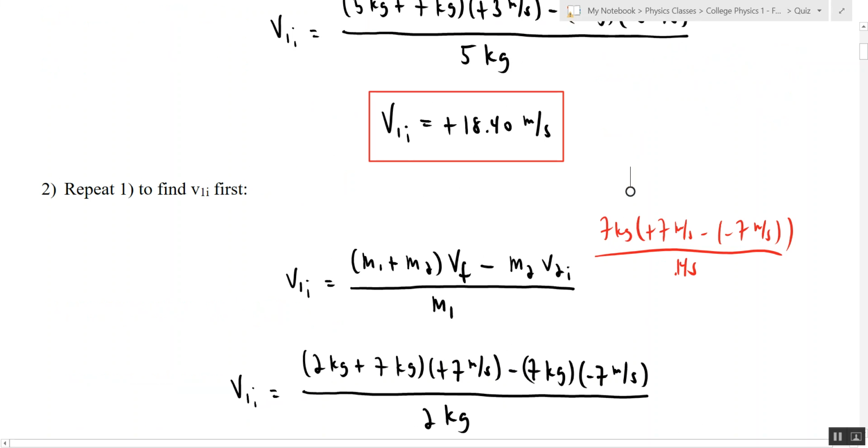So that would be 7 times 14 divided by 0.14, sorry, which is 700 newtons, right?